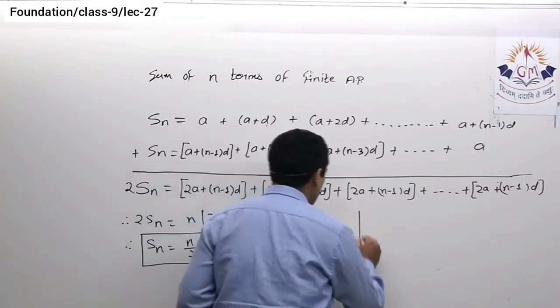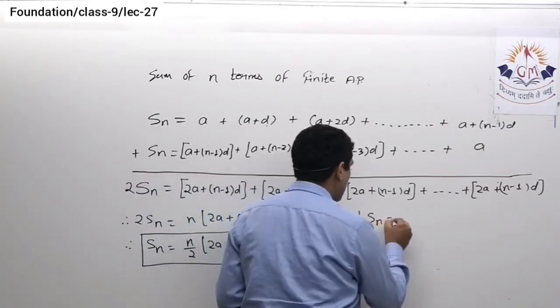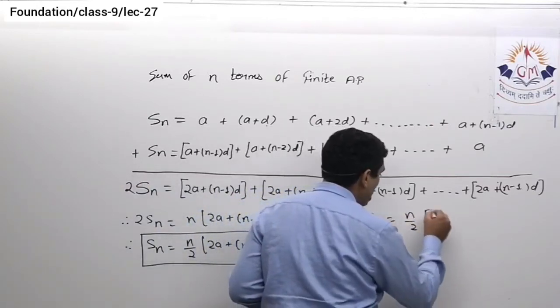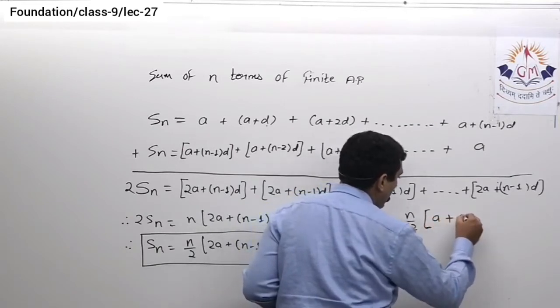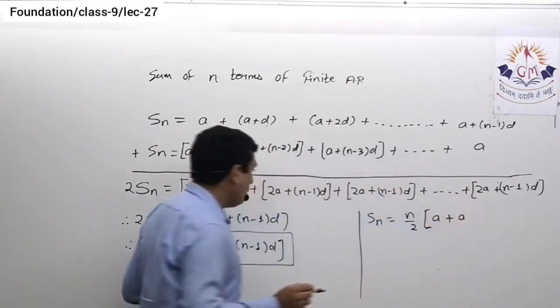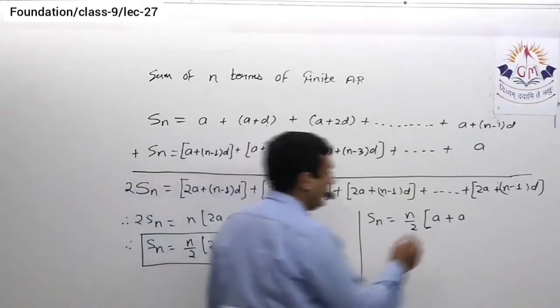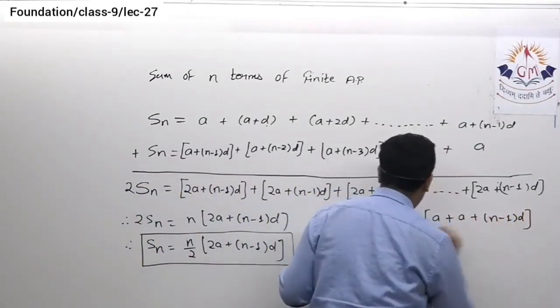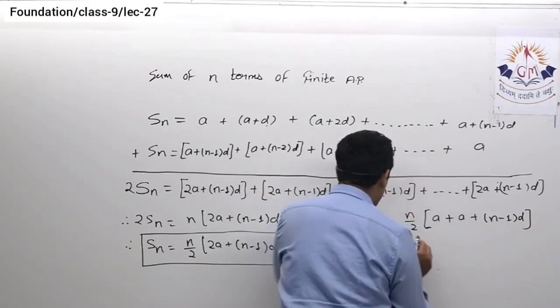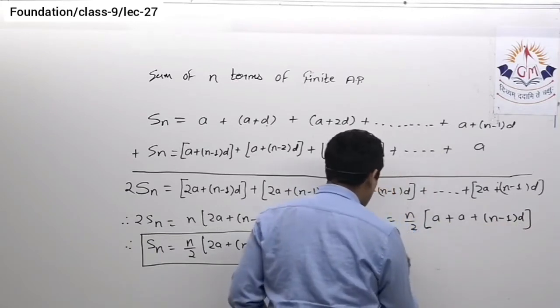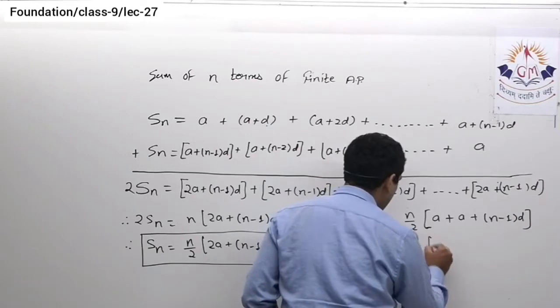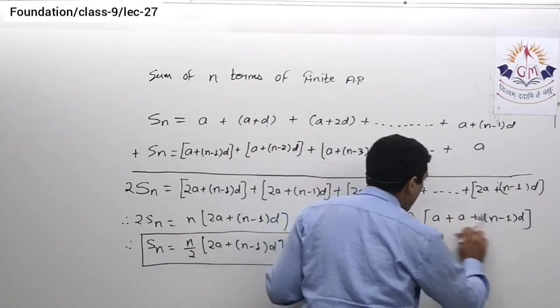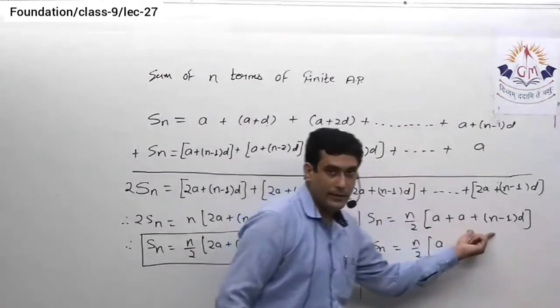Now see here, I am rewriting this. It is n by 2, and 2A I am writing as A plus A plus n minus 1 into D. Now you can see over here, n by 2 and A as it is. Now A plus n minus 1 into D is the nth term.